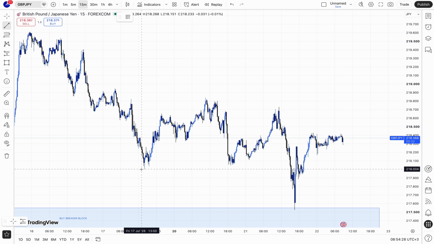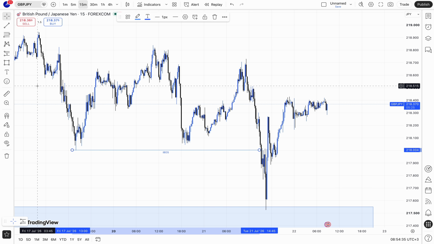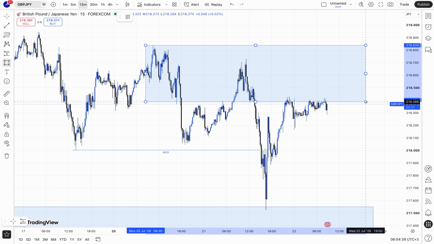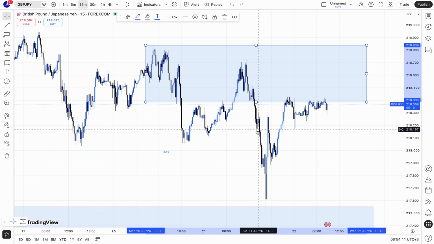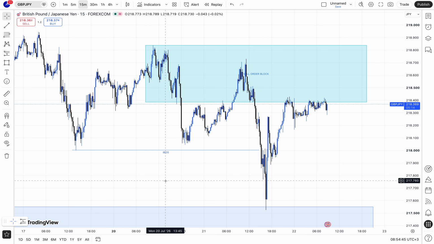Then you had our break of structure to the downside. Then from here we had our last sell to buys, so point of interest, and that's it for now.